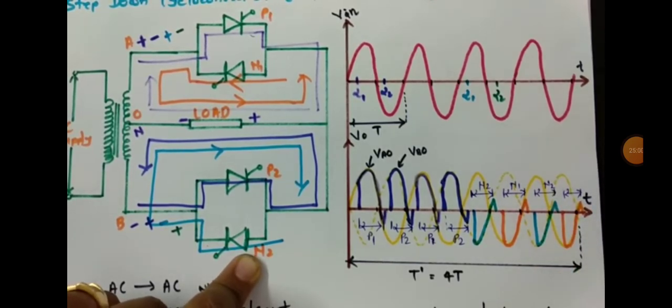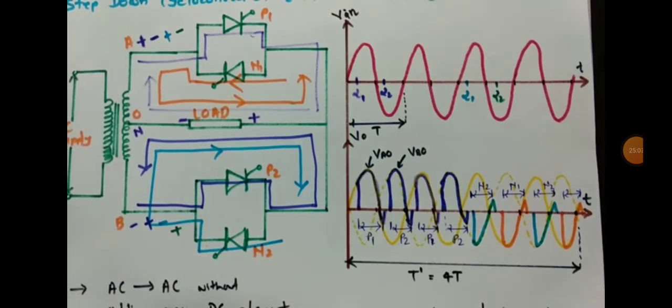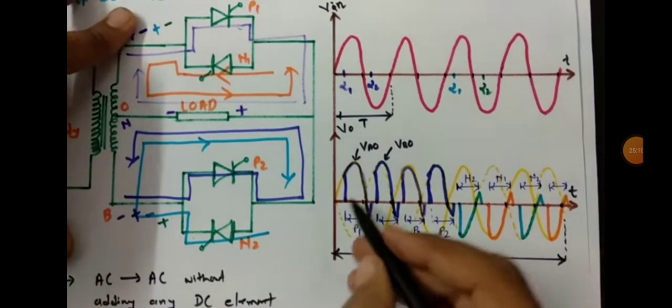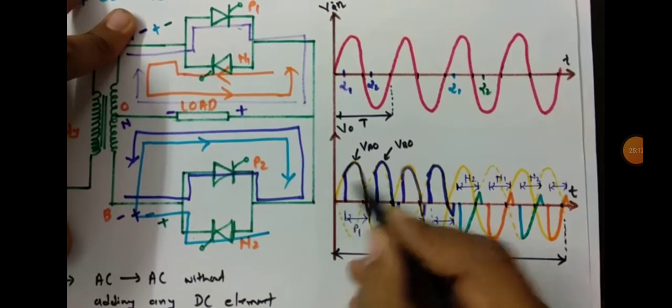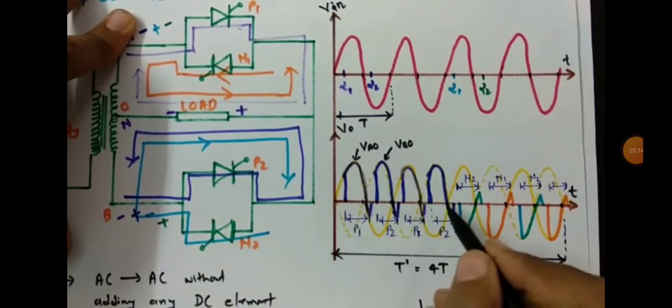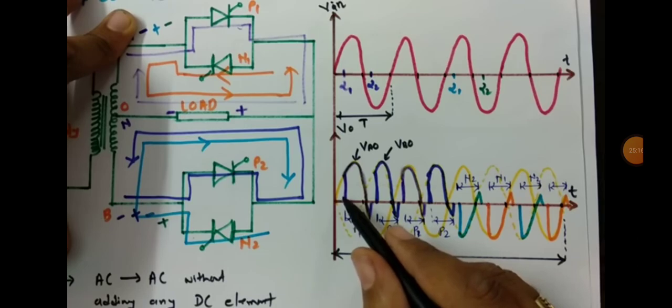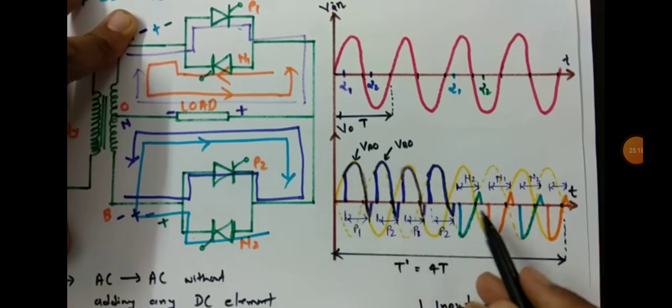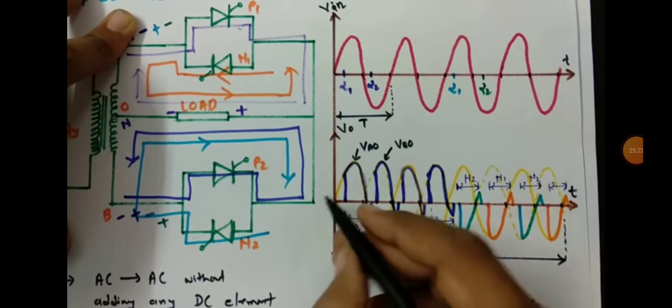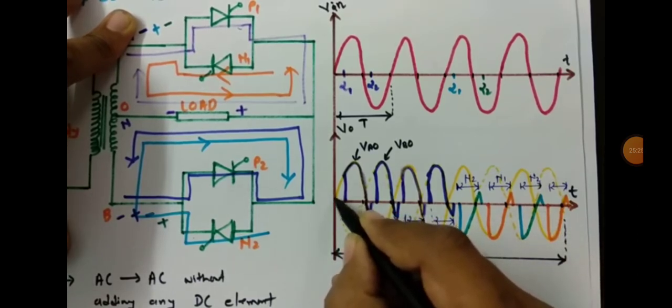Now if we see the resultant output, it has a positive half for this complete four half cycles, and a negative half at the output side for this complete four half cycles. So we'll have an output somewhat like this.